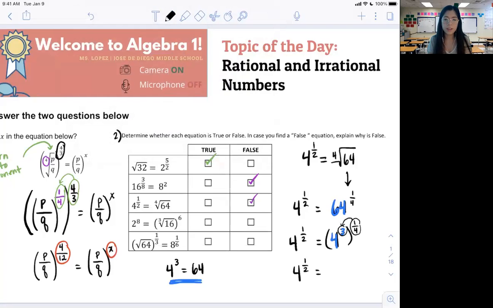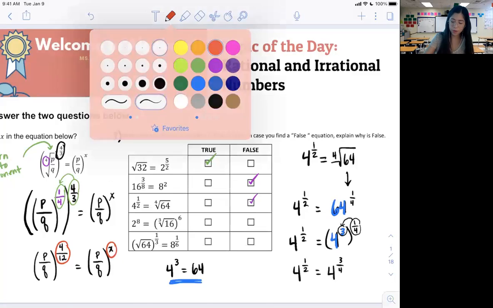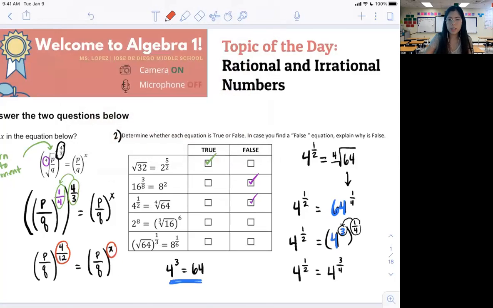So what's 3 times 1/4? 3/4. Does 4 to the power of 1/2 match 4 to the power of 3/4? No, these don't match. So that's the other way you could have done that, to just prove that they don't match at all.